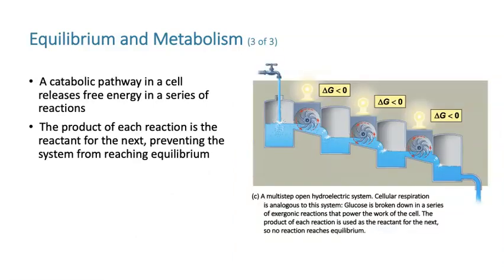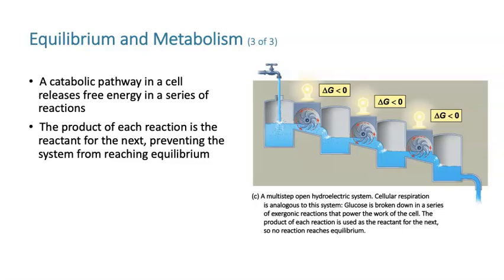When we talked about pathways earlier, this is a great example of how if you hook several of these hydroelectric dam turbine systems together, you can use one to power the next reaction in the system, and you get a nice little chain reaction going on. So remember, we used the term catabolic pathway earlier.